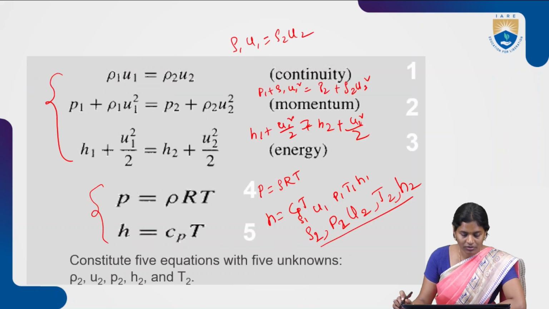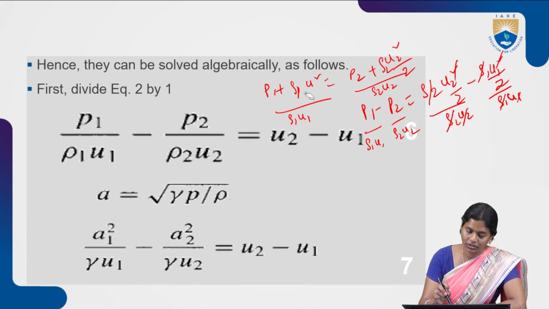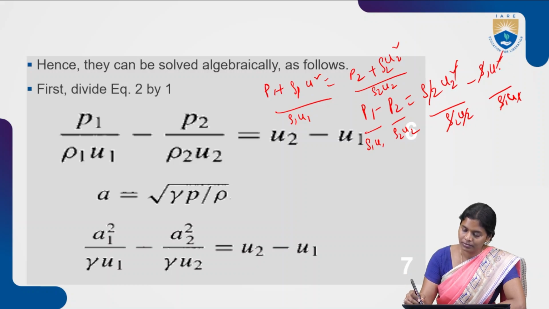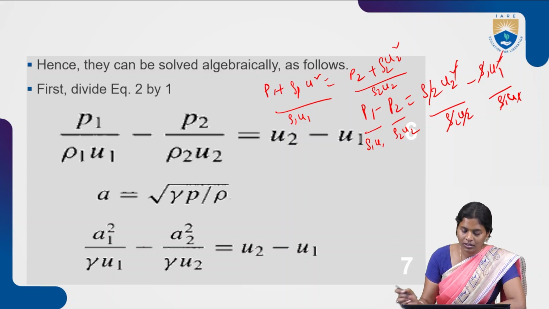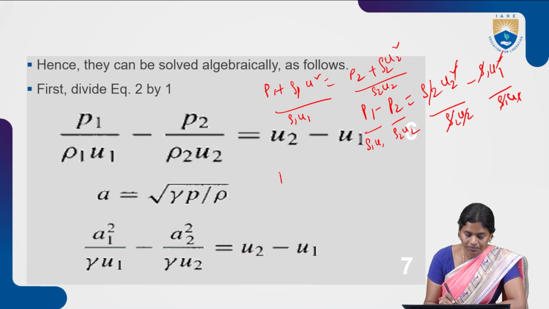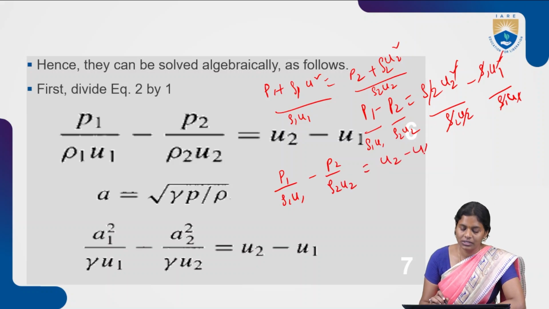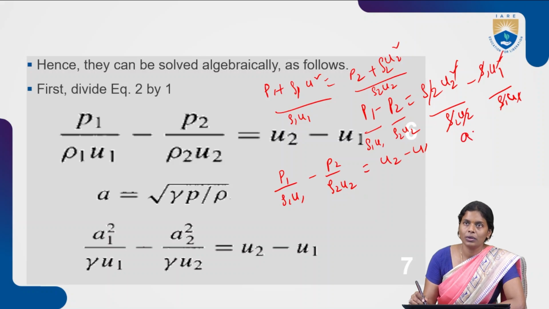So from here, this equation, what is there? This is nothing but P1 by rho 1 U1 minus P2 by rho 2 U2 equal to U2 minus U1. So what is A? We know A equal to under root of gamma P by rho.